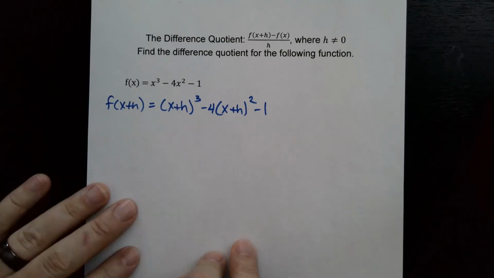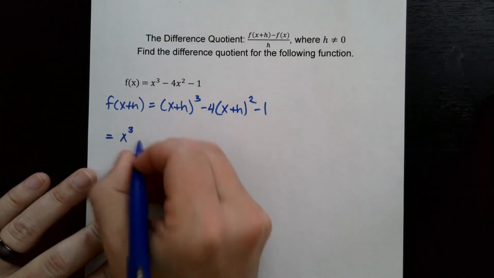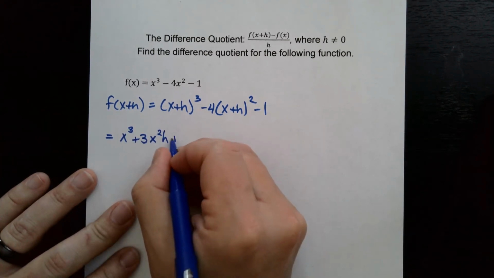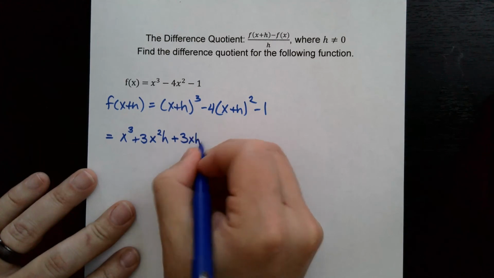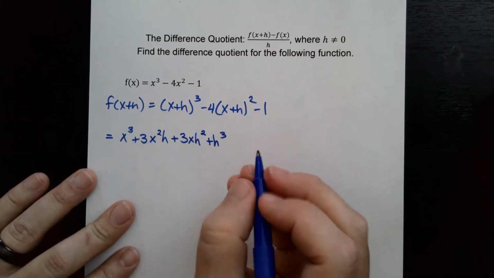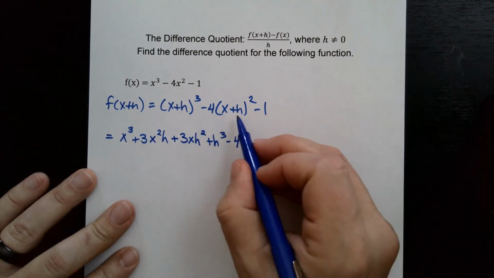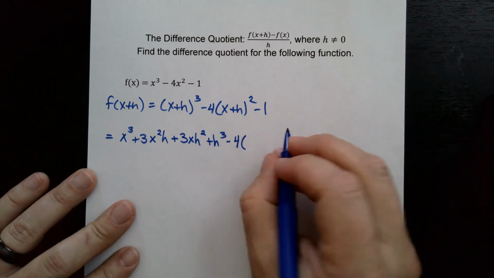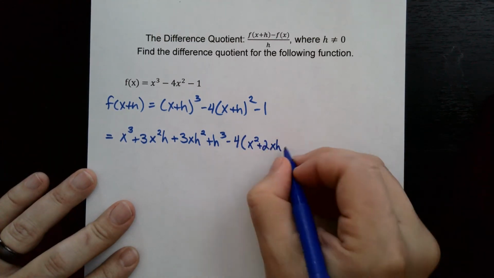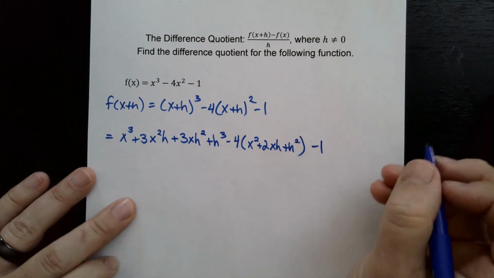So let's use those. That's equal to x cubed plus 3x squared h plus 3x h squared plus h cubed. That takes care of the first one. And then minus 4 times, and go back and look in the video if you don't remember what this is, x squared plus 2xh plus h squared, and then minus 1.